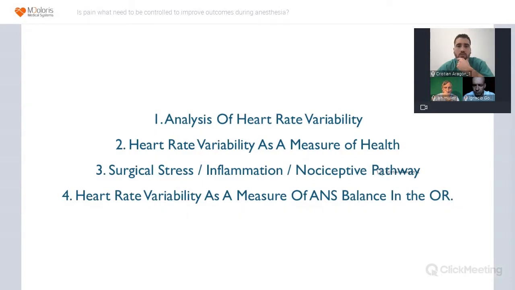Then I'm going to review some studies about heart rate variability as a measure of health and functional reserve in our patient. Then we are going to see the association between surgical stress, inflammation, and nociceptive pathway. And lastly, I will conclude with some clinical cases with the ANI monitor in the operation room.